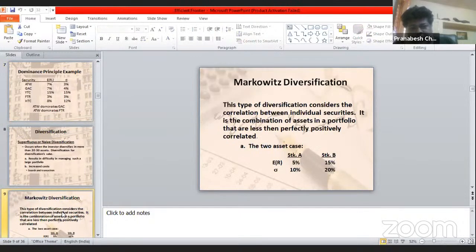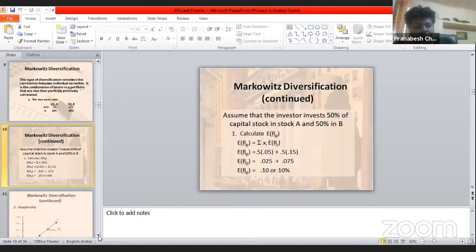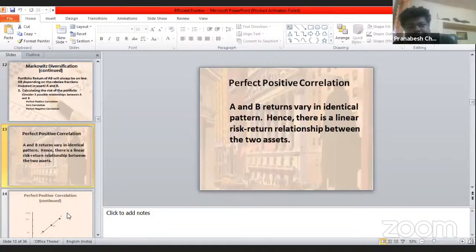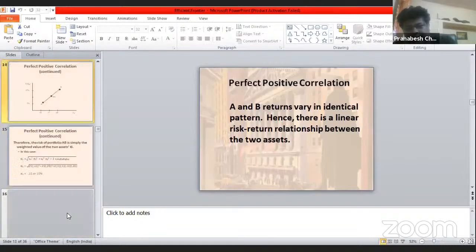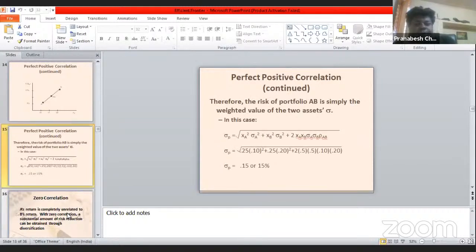Then we have many things called diversification and so on. I am not getting much into the efficient market theory. I just want to show you the formula for the risk of a portfolio. So the risk of a portfolio is simply the weighted value of the two assets.